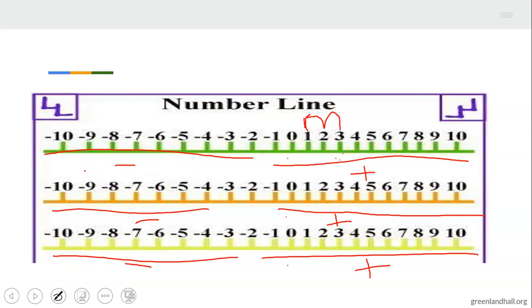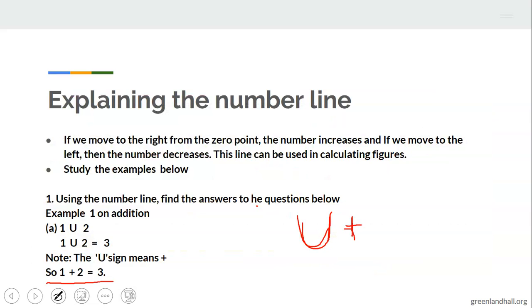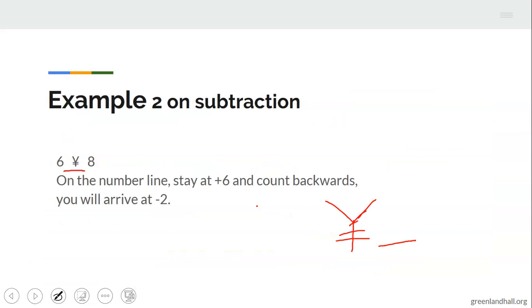We have 6. Let's use the second number line. This is 6. 1, 2, 3, 4, 5, 6, 7, 8. What do we have here? Minus 2. So 6 minus 8 gives us minus 2. On the number line, stay at the point plus 6, then count backward because we are subtracting.